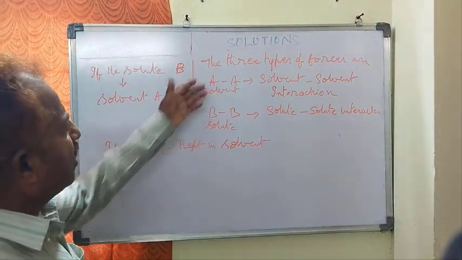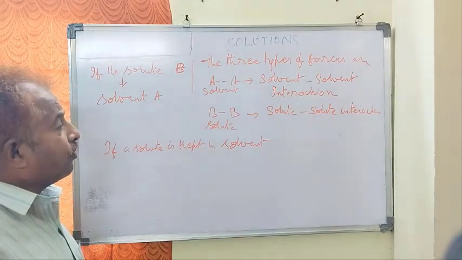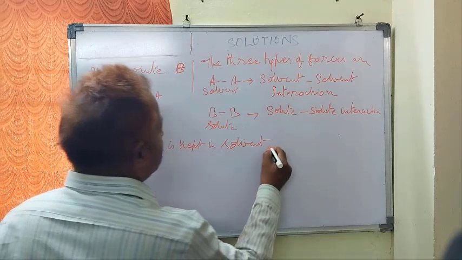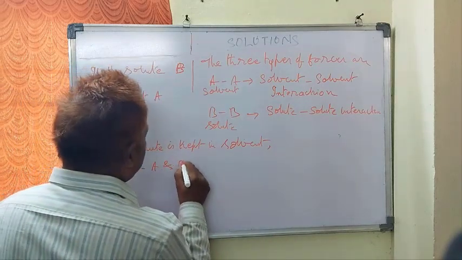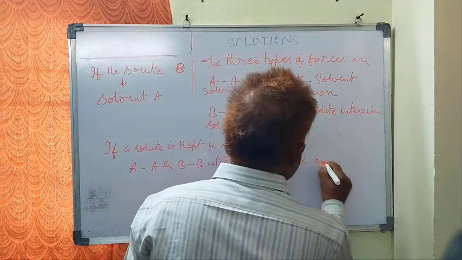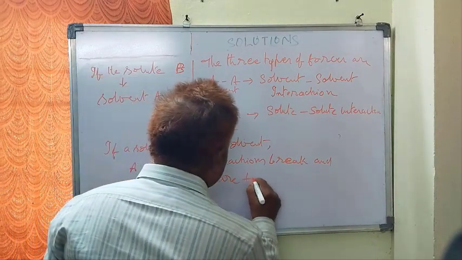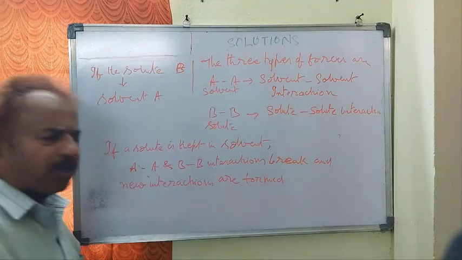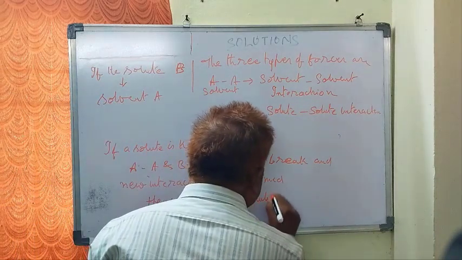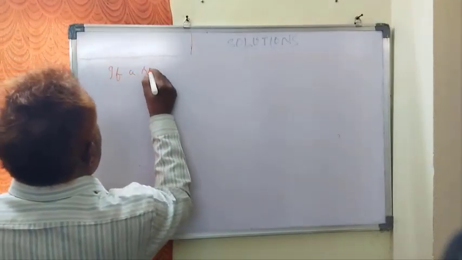If a solute is kept in solvent, the original interactions, that is AA interactions and BB interactions, break and new interactions form between A particles and B particles. Hence solute is soluble in water.